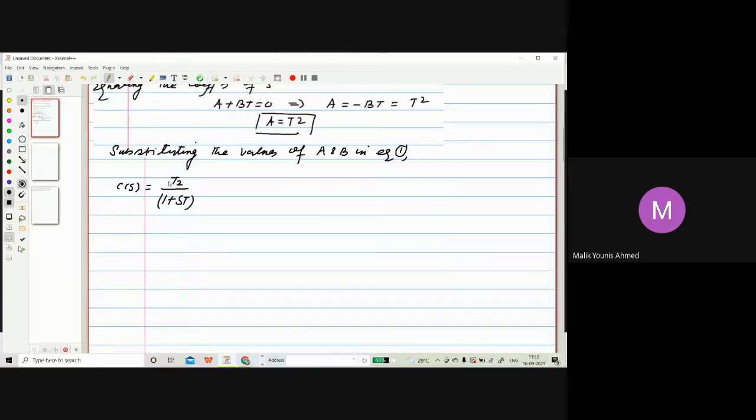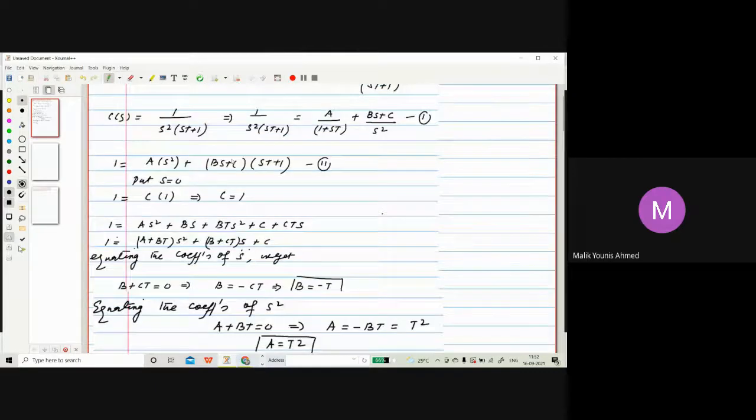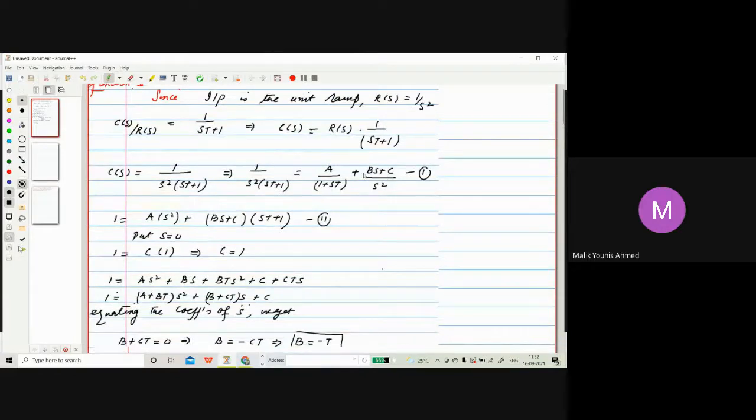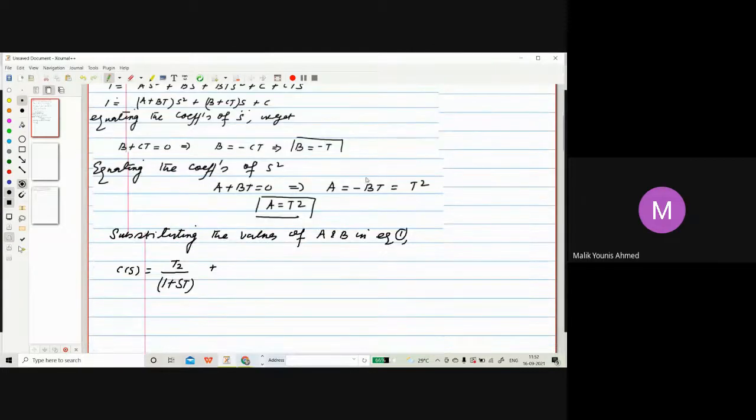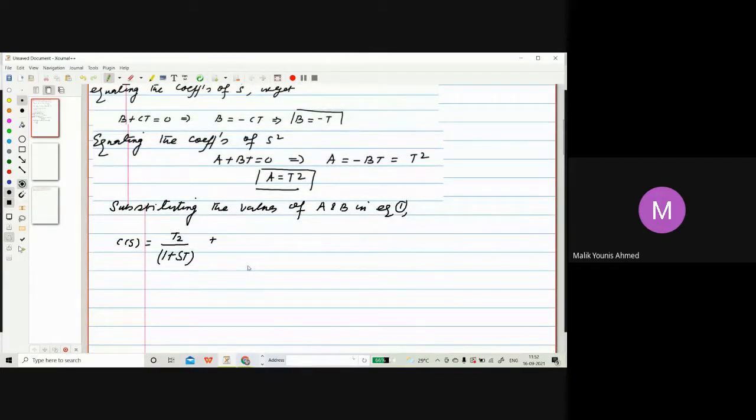Then we have B. The value of B is minus T. So that will be C value was 1 plus minus TS. Okay, we write it here: 1 minus TS divided by S square.